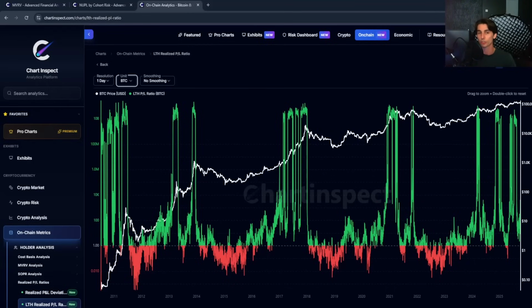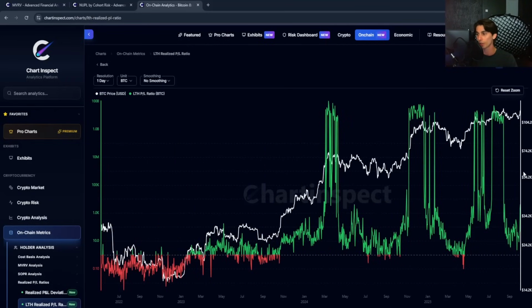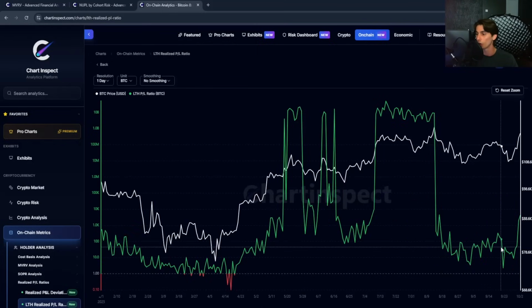Long-term holders either stop moving coins entirely on chain, or worse, some start to capitulate and realize losses, and that's when you start to see values below 1, meaning they're in loss. Right now in this cycle, we're seeing positive readings, at least. We were pretty low, but it's starting to go up again.